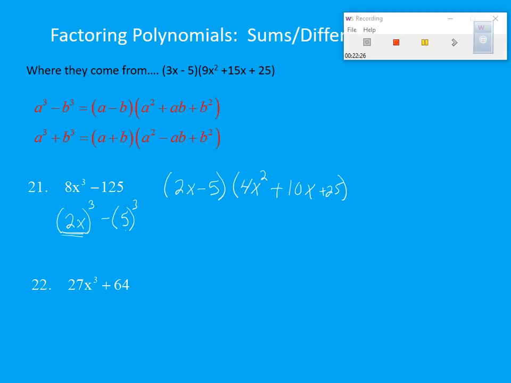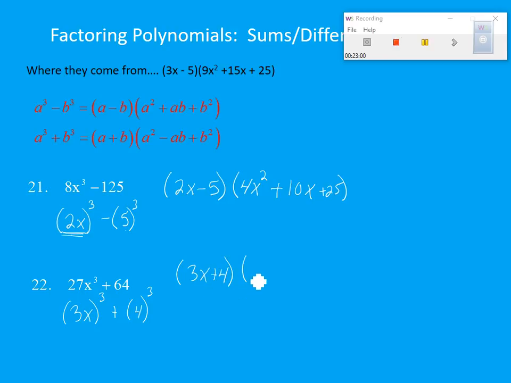I got one more for you. 27x cubed plus 64. Once again, perfect cube and perfect cube. I'm going to think of this as 3x to the third plus 4 to the third. I put them in parentheses so you can kind of see a term and a term. Well, here goes the factoring of it. 3x plus 4.